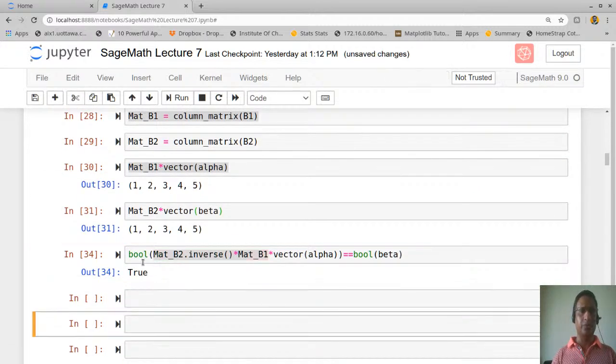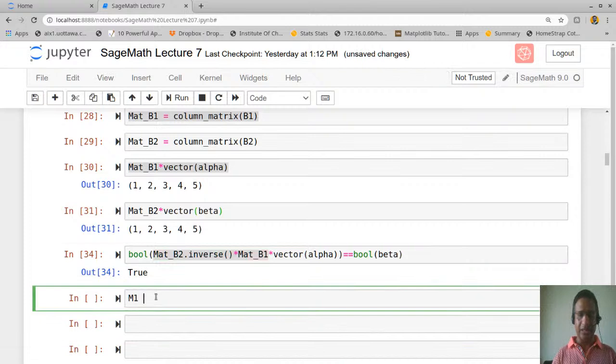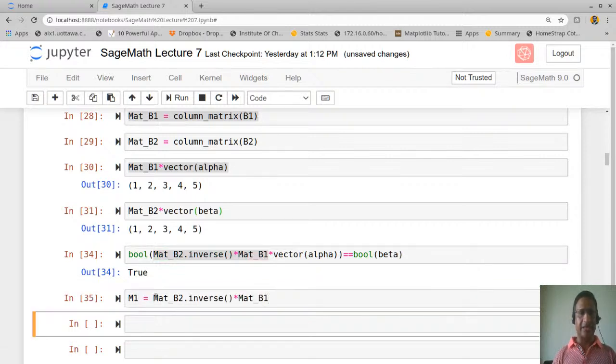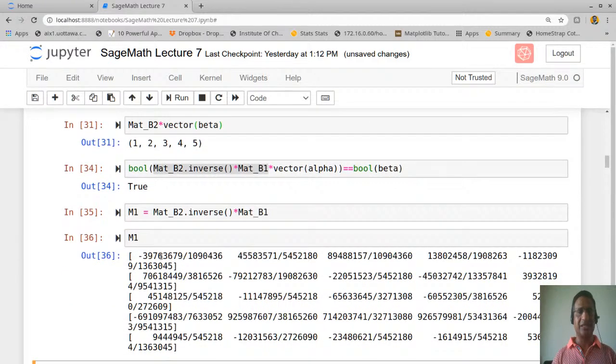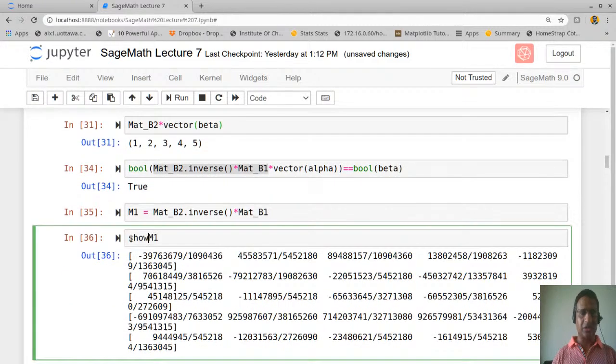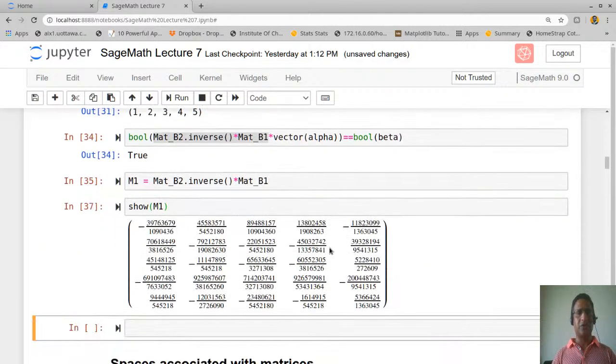So if you call this, let us say, m1 is equal to this matrix. Of course it looks quite big, so let me ask it to show. Okay, this is a big 5 cross 5 matrix. So this is a change of basis matrix or transition matrix.